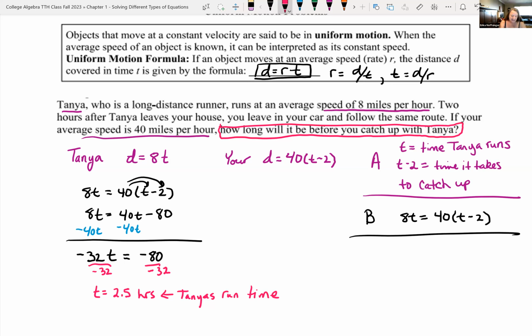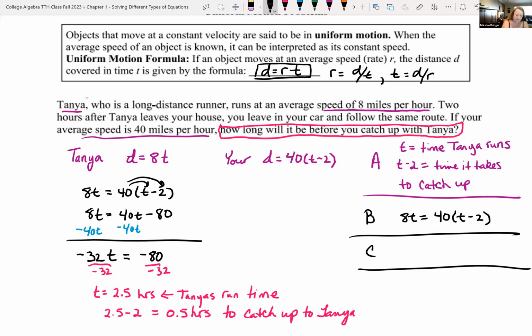And so if I subtract off 2 from 2.5, 2.5 minus 2 equals 0.5 hours to catch up to Tanya. So half an hour to catch up.